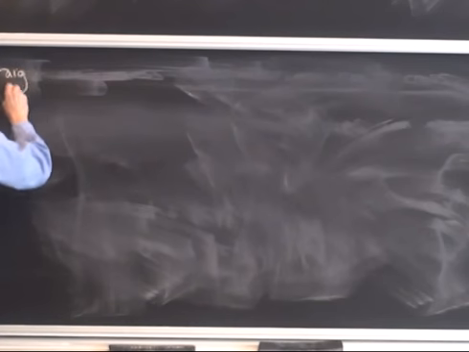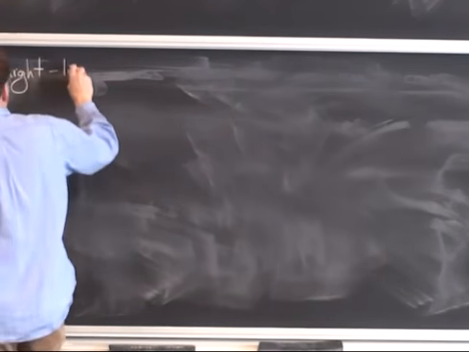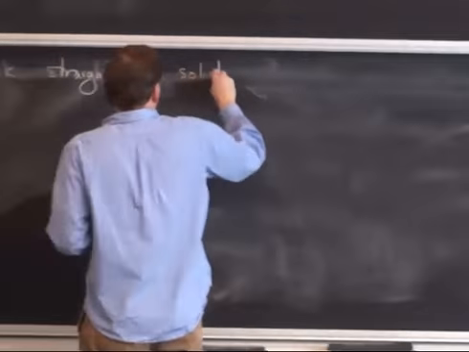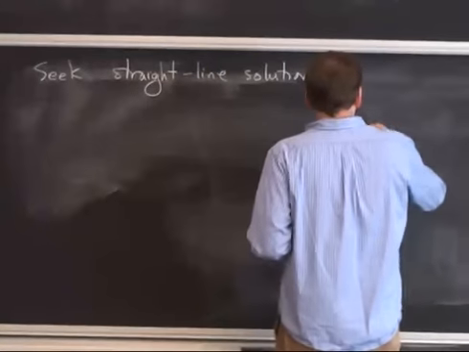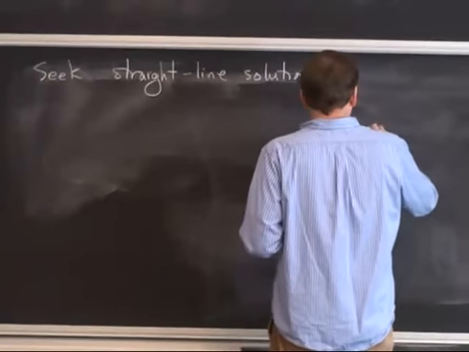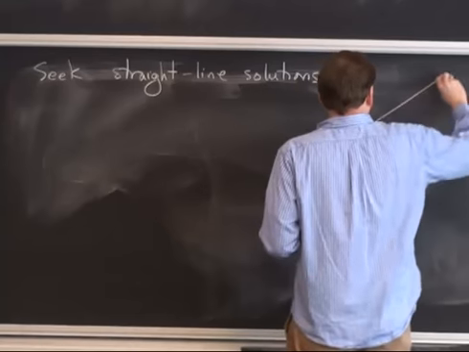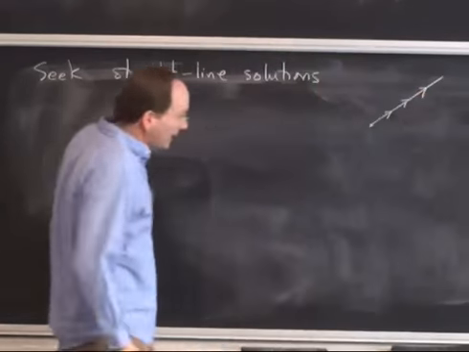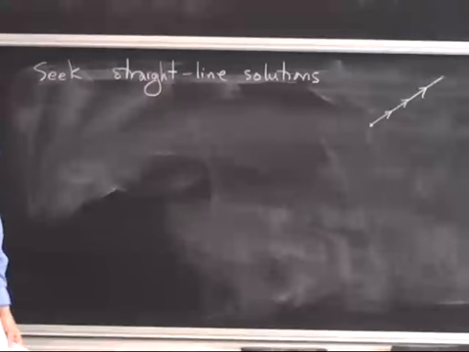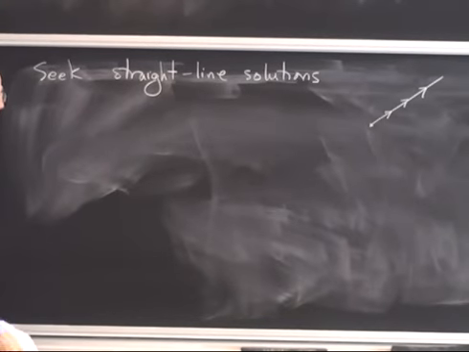So that is, I'm going to seek straight line solutions, meaning that all they can do is just go like that. Not necessarily at uniform speed. They might, in fact, speed up or slow down, but we're just going to look for that.